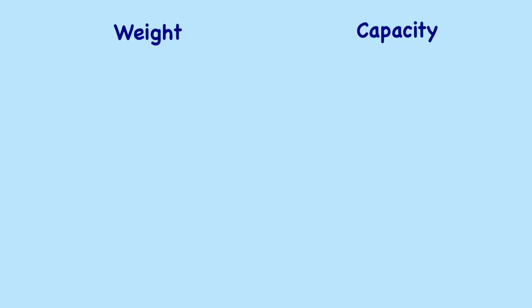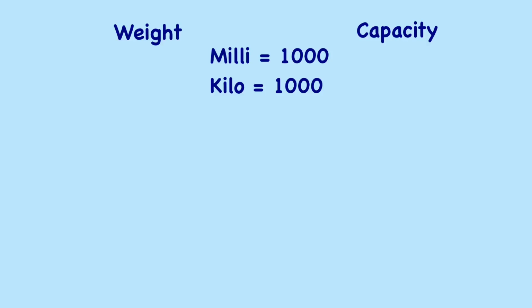You can use exactly the same method when you're working with weight and capacity. So just remember that milli and kilo mean 1,000 and centi means 100. So we know that there are 1,000 milligrams in a gram because milli means 1,000.